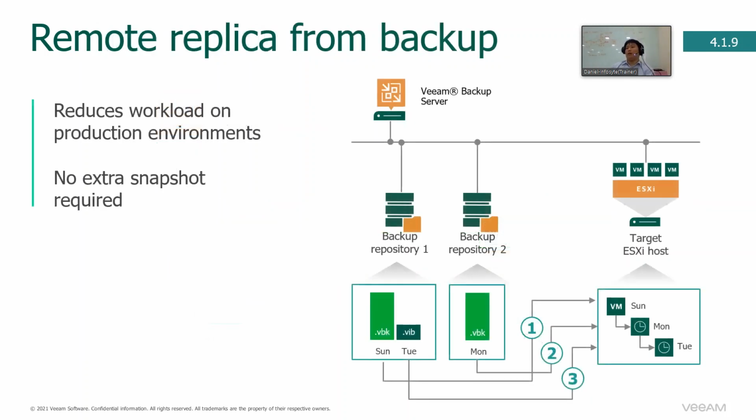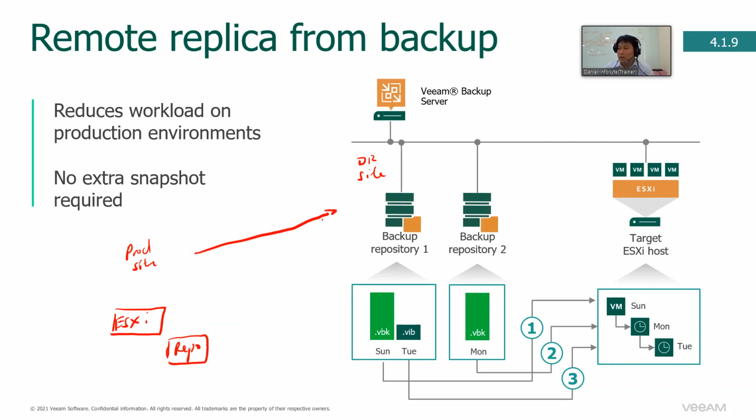Now, over here we have another option also, whereby the link is too slow. For example, here is my DR site, and then I have my production site here, with maybe my ESXi, etc., and my repository. The DR site and the production site may be connected with a WAN link of 20 megabit per second.